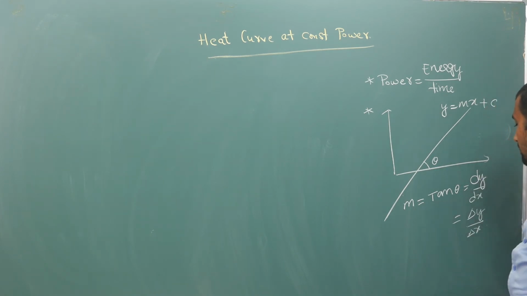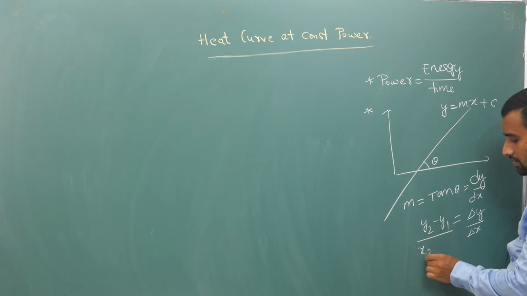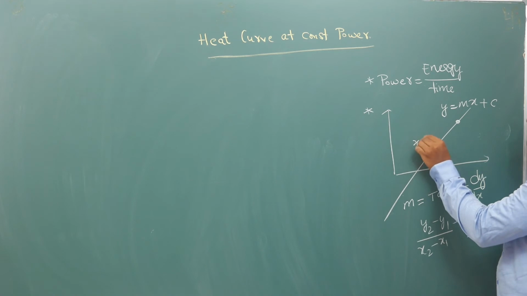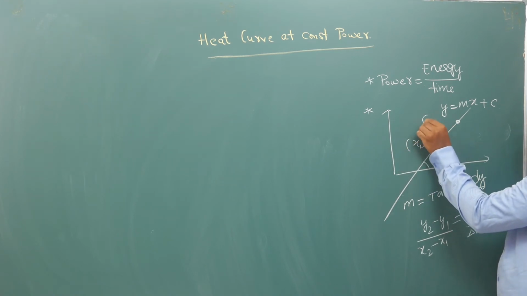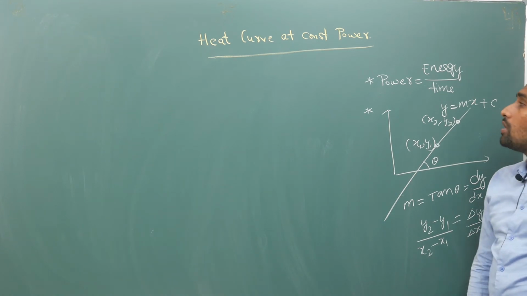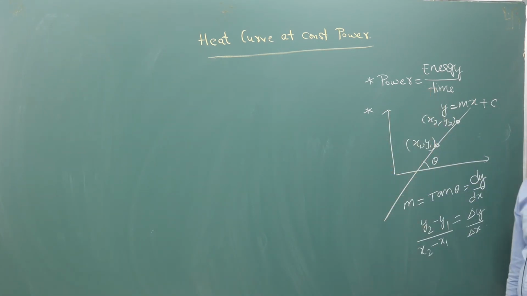Which is nothing but you take 2 points, y2 minus y1 by x2 minus x1, where x1, y1 is a point here and x2, y2 is another point here. I hope you knew this part from maths.